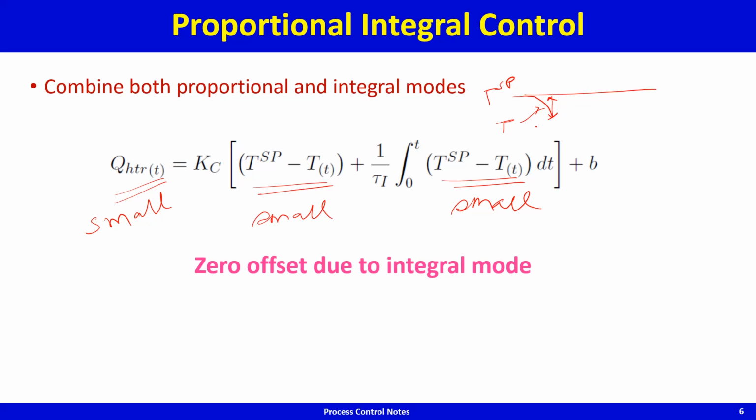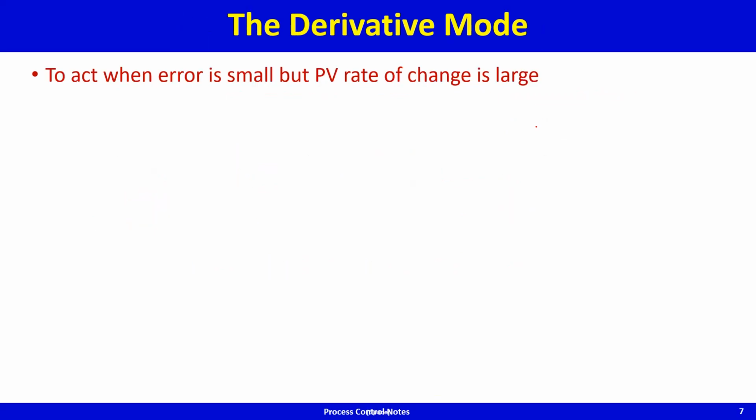So that's the idea behind introducing derivative action. The derivative mode allows action when error is small but the process variable's rate of change over time is large. An example that I gave you was somebody opens up a window and cold air rushes into the room.